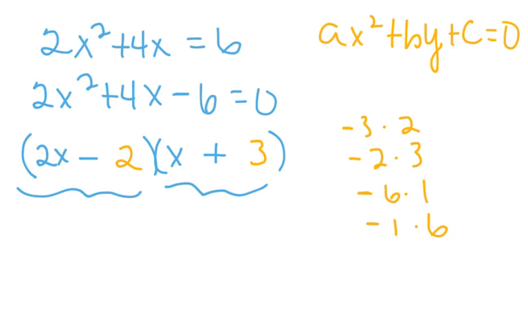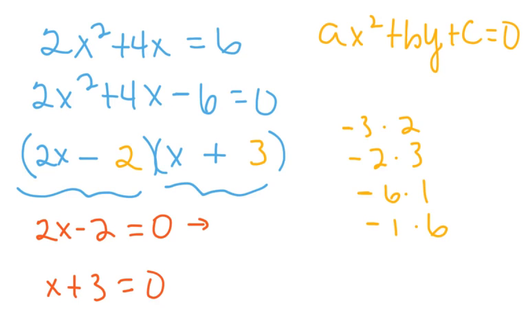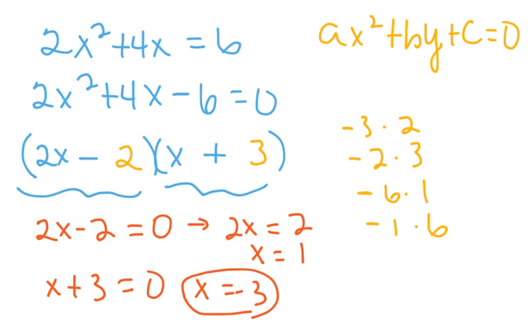So I have 2x minus 2 equals 0, and then I have x plus 3 equals 0. Add 2 to the other side. 2x equals 2. Divide by 2, x equals 1. Put the 3 on the other side. x equals negative 3. Here are my two solutions.